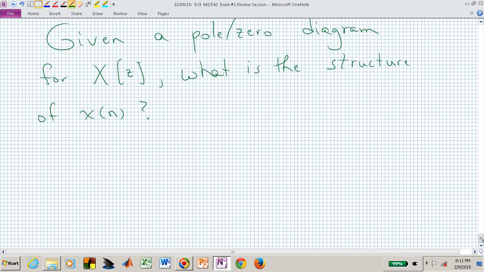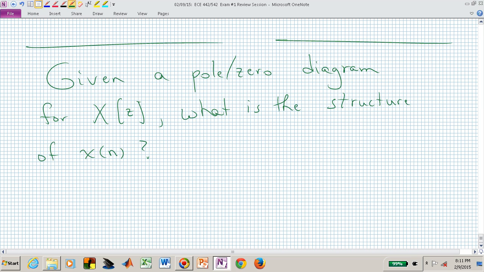I told you we'd have a kicker. This will kick us, but it's not going to kick us very hard. We're going to figure this out.